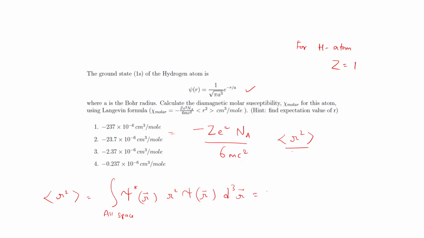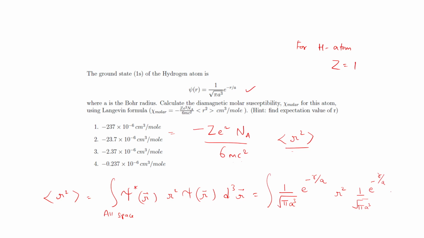Since there is a radial symmetry, we can take advantage of that. The psi of r will give me 1 over root of pi a cube, e to the power minus r by a, and this is multiplied by r square and again 1 over root of pi a cube, e to the power minus r by a.